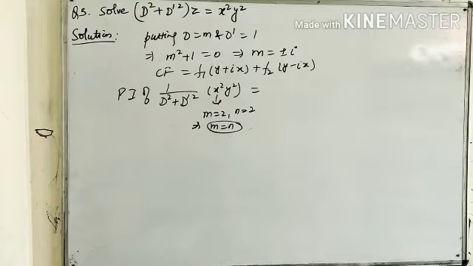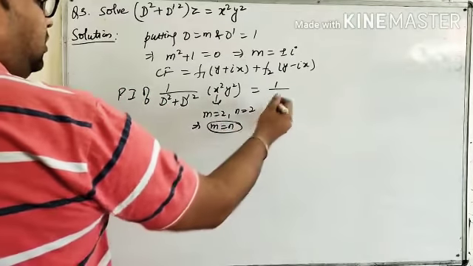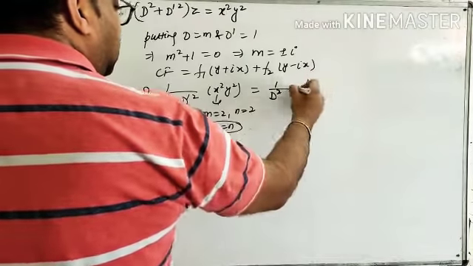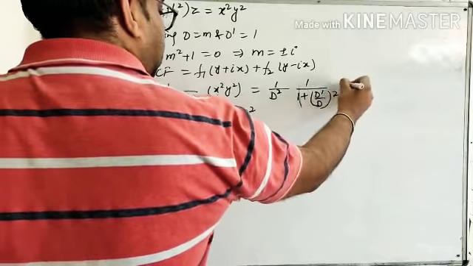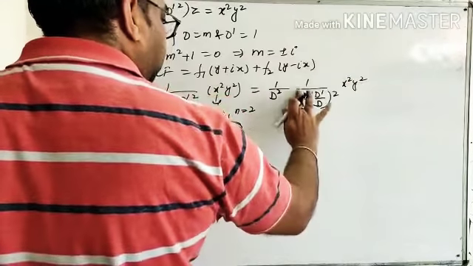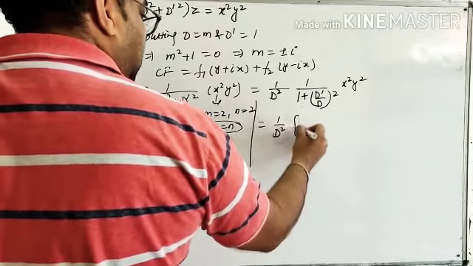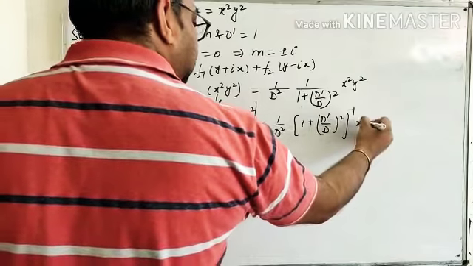That is, we can expand it in power of D upon D dash or in power of D dash upon D. Now we are opening it in power of D dash upon D. So we can take 1 upon D square as a common, 1 upon 1 plus D dash upon D whole square x square y square. Open it, 1 plus D dash upon D square inverse.